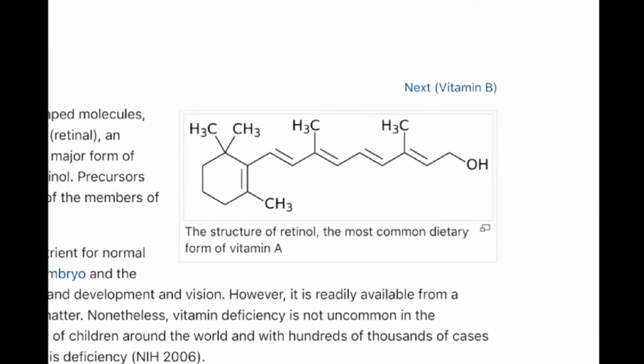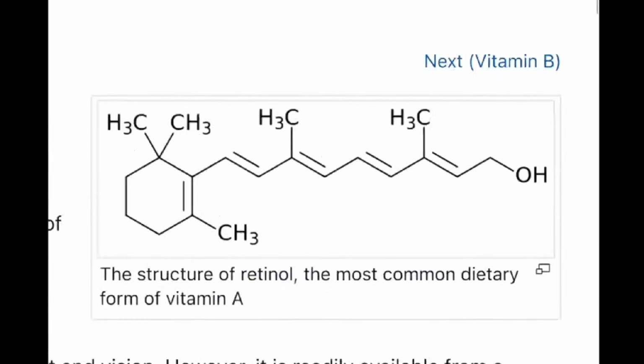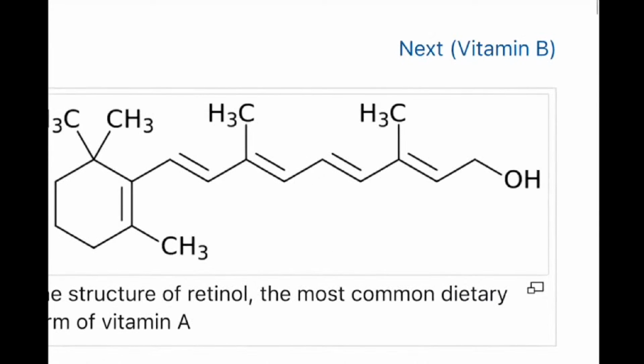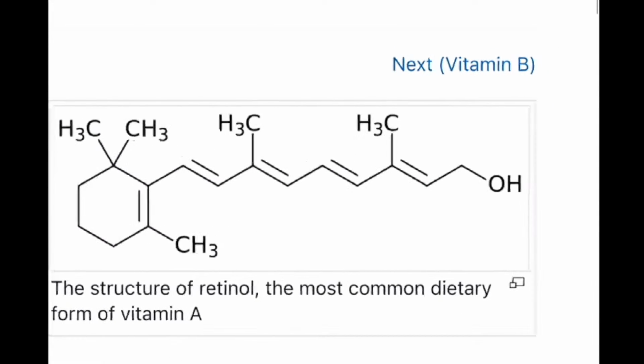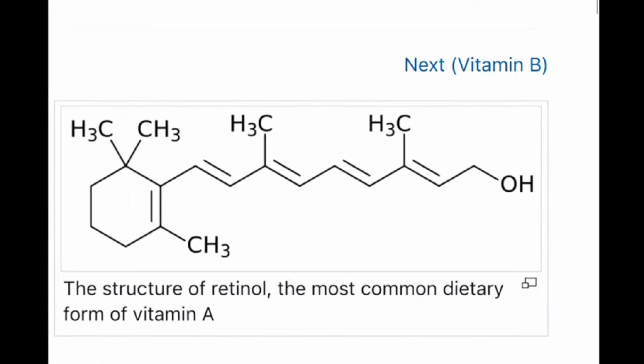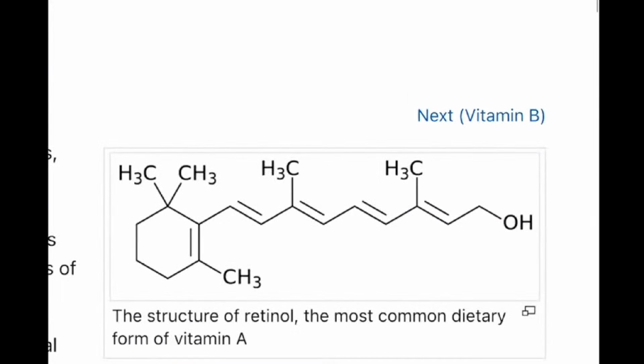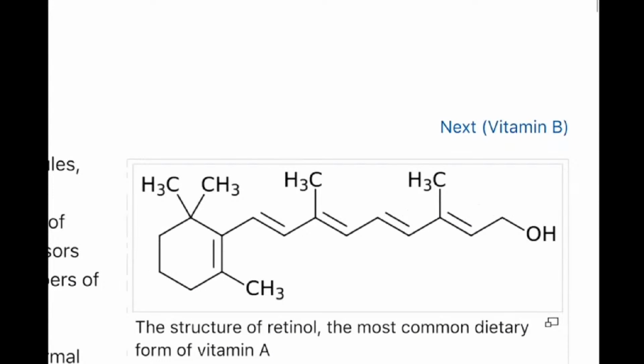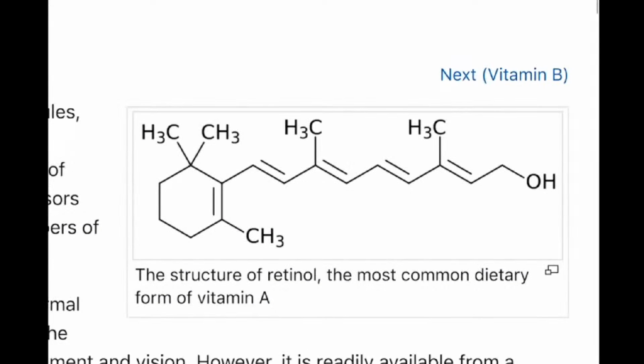But the problem is that one OH group is not sufficient for dissolving this big molecule in water, because most of the molecule is non-polar, right? This OH can form a hydrogen bond, but that one hydrogen bond is not sufficient for dissolving this big non-polar molecule into water. Non-polar substances don't dissolve in water. I'll explain why in a minute.